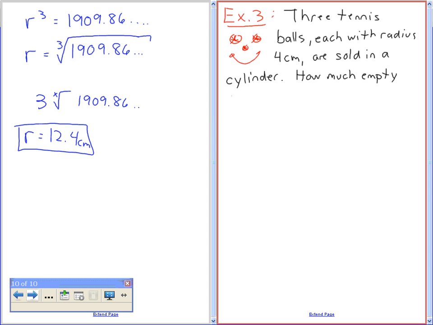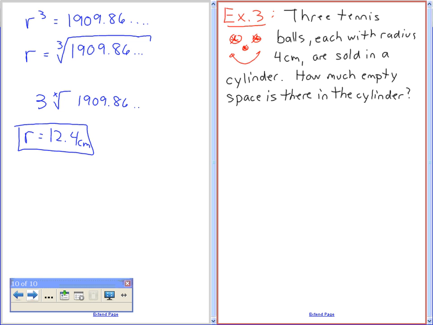How much empty space is there in the cylinder? Okay, so every single year, something like this, ladies and gents, is put on EQAO.